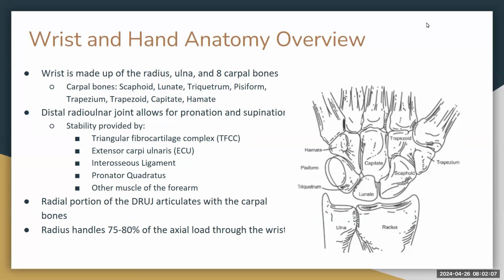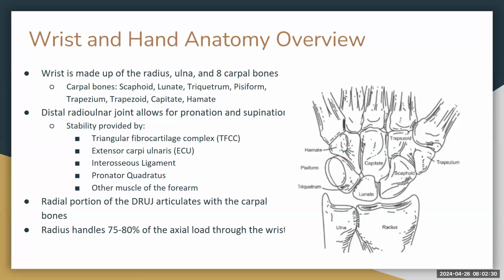The DRUJ, that's the distal radial ulnar joint, allows for pronation and supination, so it needs some extra support and stability for that. You get that from the TFCC, triangular fibrocartilage complex, the extensor carpi ulnaris, the interosseous ligament, the pronator quadratus, and other muscles of the forearm.